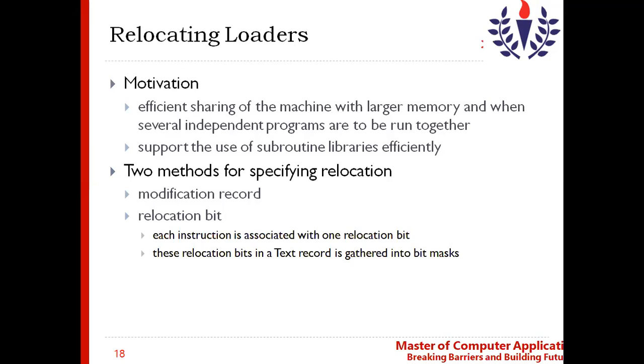The memory mentioned for the program cannot be given to it at load time, because it might be used by some other program. Several programs are being run, and that is why relocation happens.